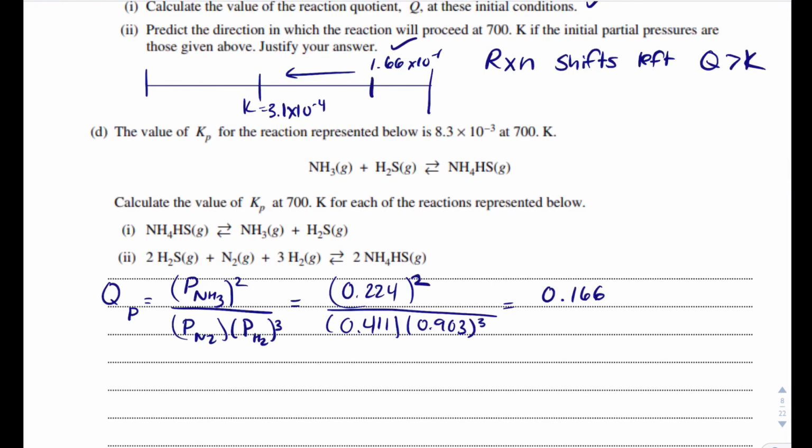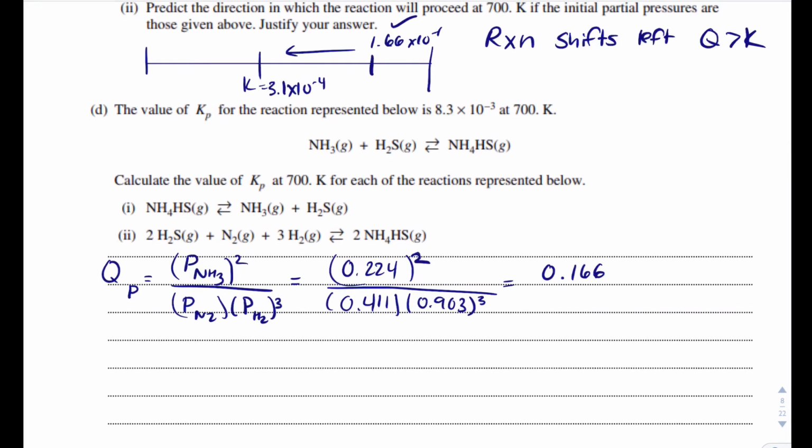So then in part D, they tell us that Kp for this reaction is 8.3 times 10 to the minus third, so it's a new reaction. And they want us to get the Ks for this reaction and this reaction, parts 1 and 2. So make sure you write this down. You've got to make sure you know this: you add deltas, which we don't have any deltas here, and we multiply Ks.